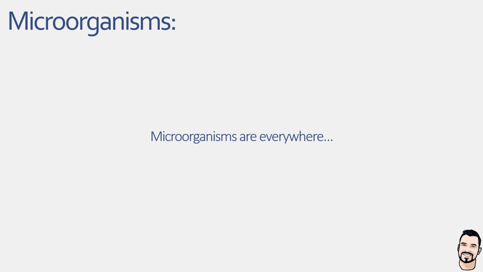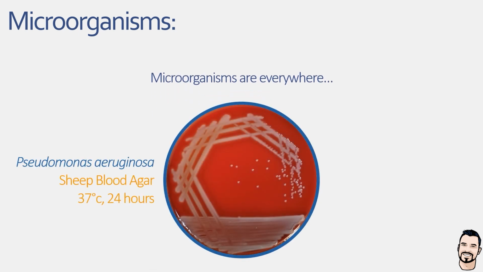Now, in a sort of indirect way, we can see them in our day-to-day life. We can see mold growing on bread, for instance, or in a more scientific capacity, we can see bacteria growing on agar plates. So here we can see Pseudomonas aeruginosa growing on sheep blood agar. Now, whilst we can see this bacteria growing, we can't see the individual cells.